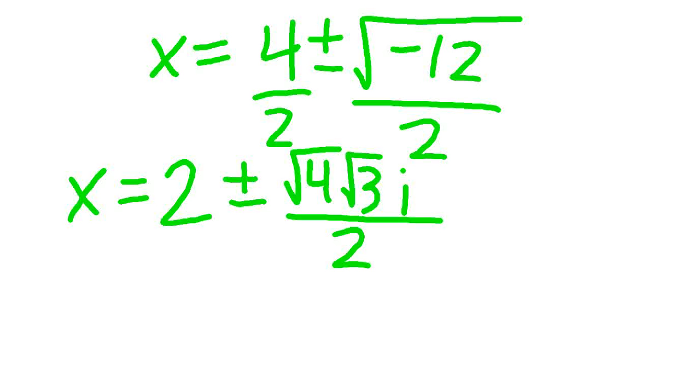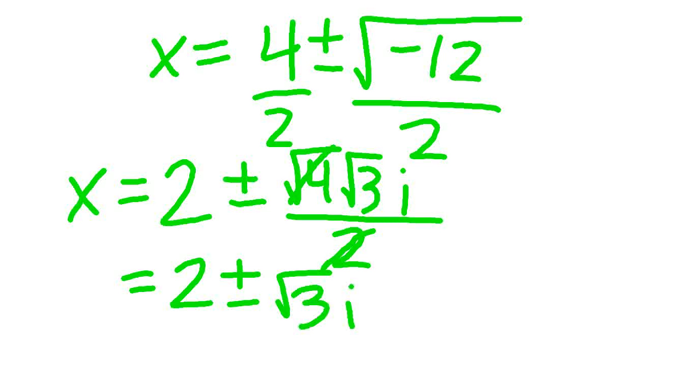And the square root of 4 is just 2, so these 2's will cancel out. And you get 2 plus or minus the square root of 3 i, which is what we wanted before. And that's the zero, or x-intercept, of our original function.